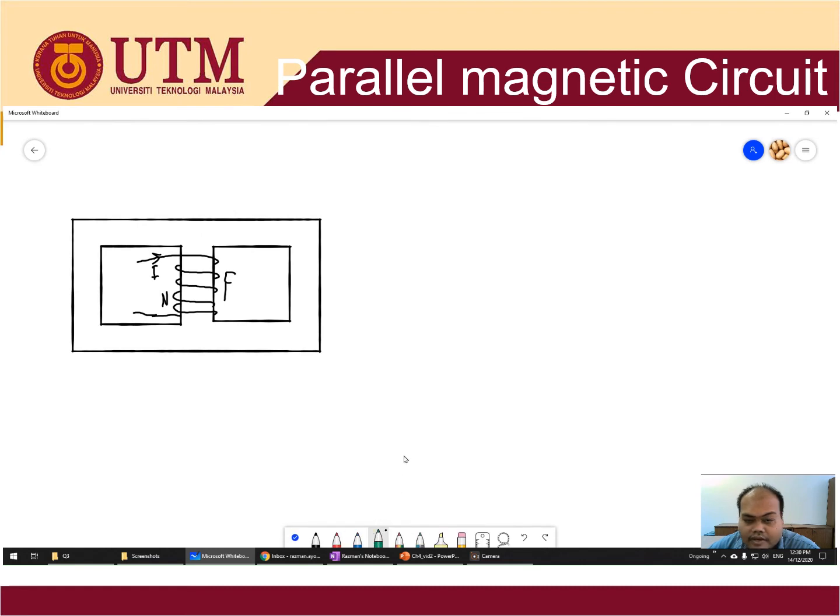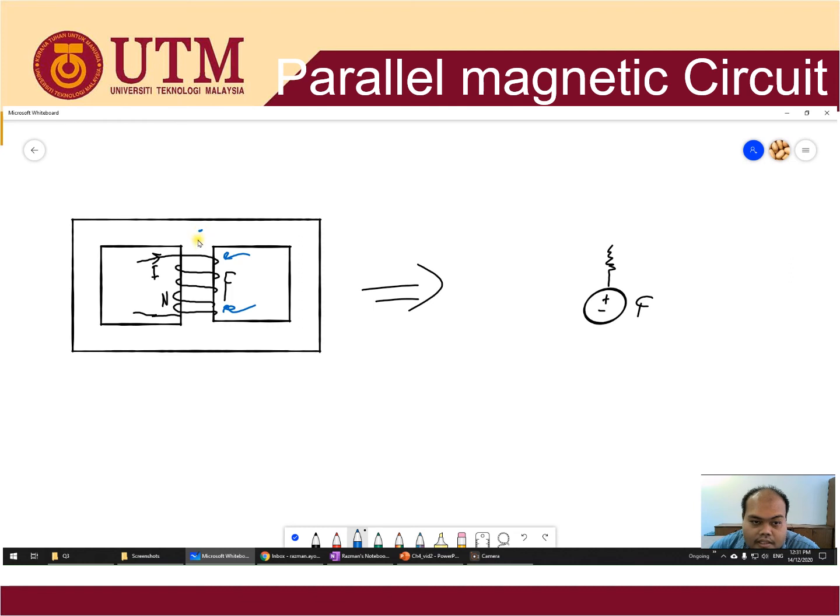When you transfer this, you find the electrical analog. So you have the winding, plus minus, the F, the magnetomotive force, and then you have the reluctance at the center here.